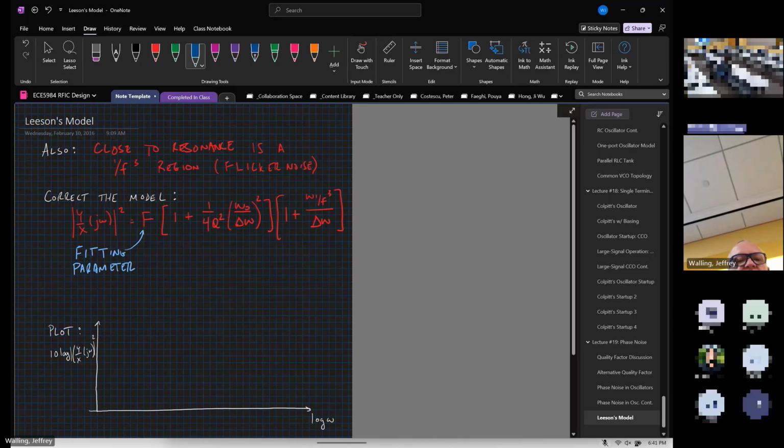So when you measure oscillators, you use different devices and you have different topologies. So Colpitts oscillators, Hartley oscillators, ring oscillators, relaxation oscillators, they will all have a different fitting parameter. And even if I change devices from a MOSFET to a BJT, that parameter will change as well. This one represents the thermal noise floor.